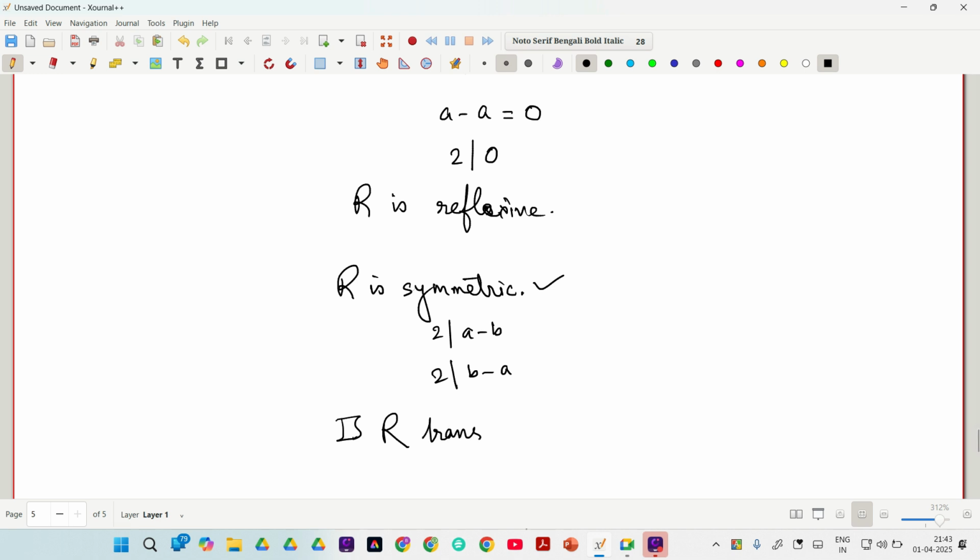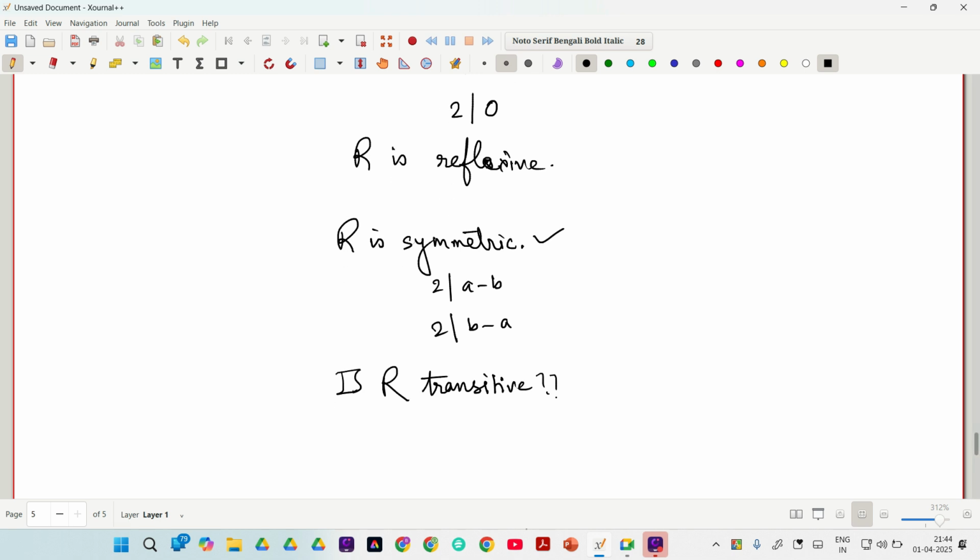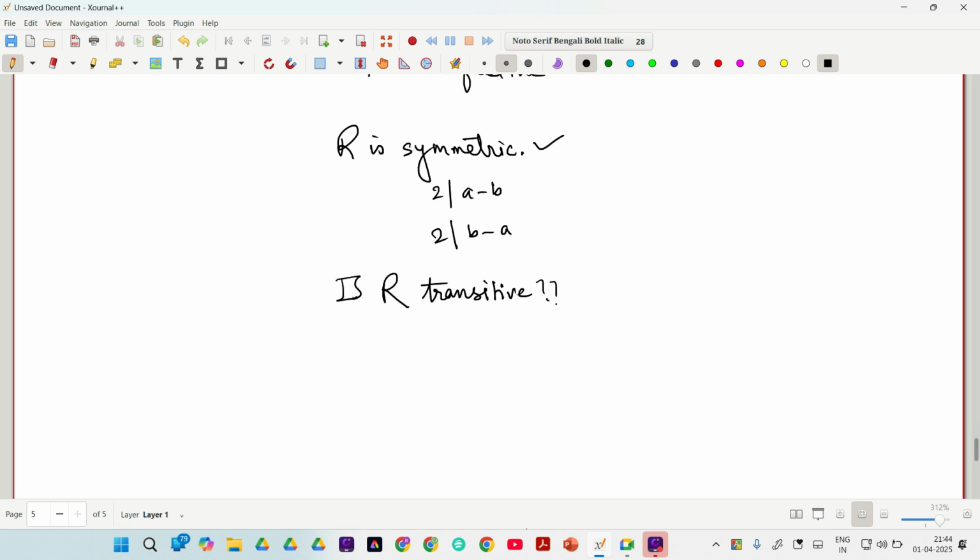Now is R transitive? What are we checking? We are checking that 2 divides a minus b and 2 divides b minus c. So this implies that 2k1 equals a minus b, and 2k2 equals b minus c. Now we have to check whether a minus c is divisible by 2 or not. So we are bringing b as a mediator.